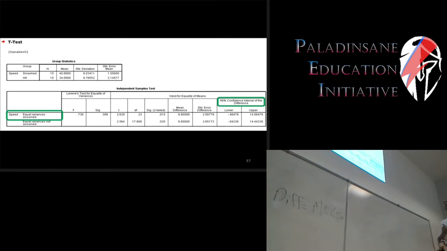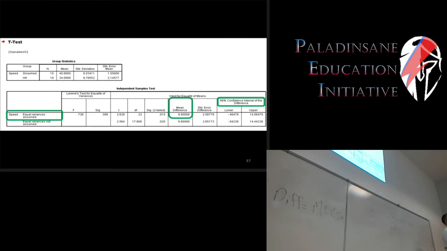So let's start off with the center. Again, we have our center here, and then we have the upper limit to our interval, and the lower limit to our interval. So where is that center? Well, that center SPSS calculates out for you, and it's this one right here, the mean difference. So this is an example of an estimate that is asking for the difference, right?